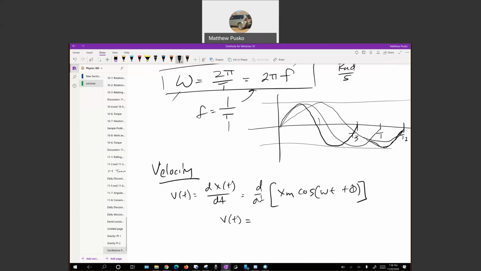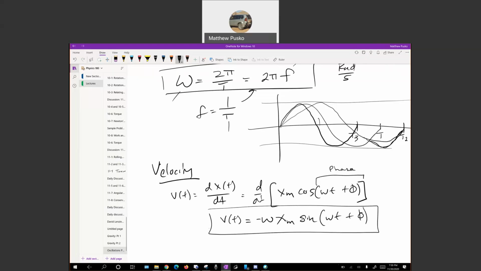It is equal to minus omega times the amplitude, and then the derivative gives us the minus sine, and we keep the argument, or the phase. This whole argument right here is called the phase. So omega t plus phi. And there's a function for our velocity.